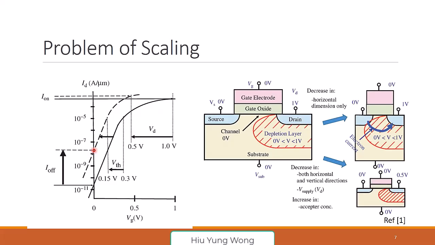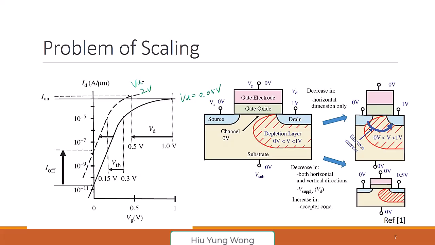Can you explain that graph again, why it's larger? Now, this is the ID-VD when the VD is 0.5, for low, let's say just for low VD, right? This may be VD equal to 0.05 volt. I don't want to mess up with this 0.5, 0.2, so let me use another number, right?